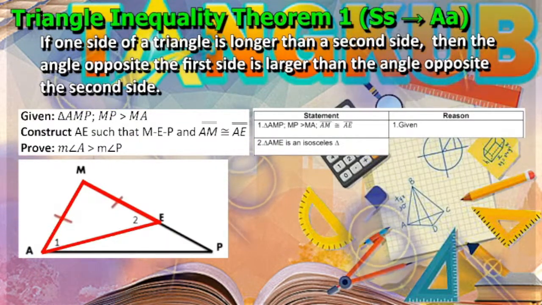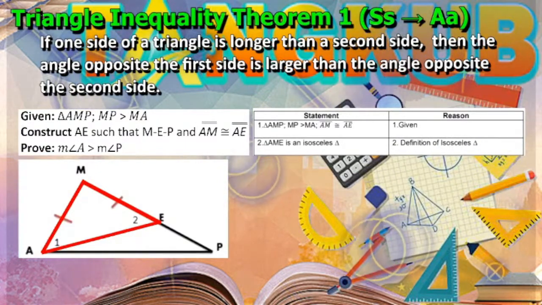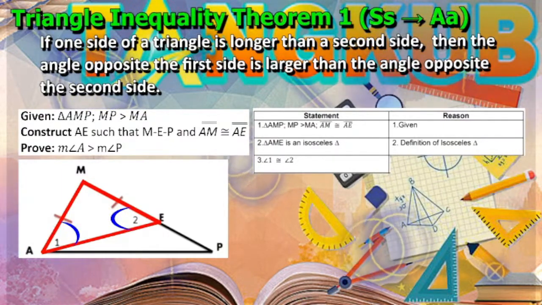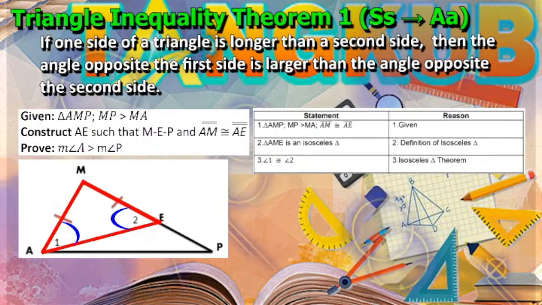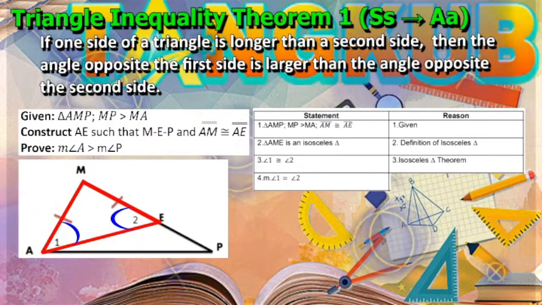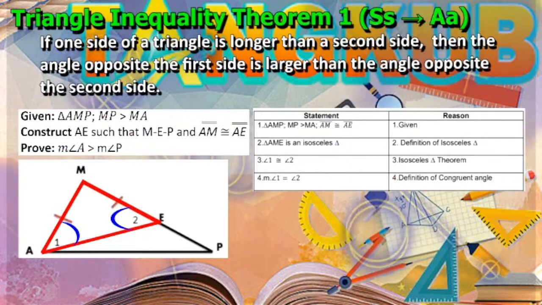Reason, definition of isosceles triangle. And with that, angle 1 is congruent to angle 2. Reason, isosceles triangle theorem. So, it follows that the measure of angle 1 is equal to the measure of angle 2. Reason, definition of congruent angles.